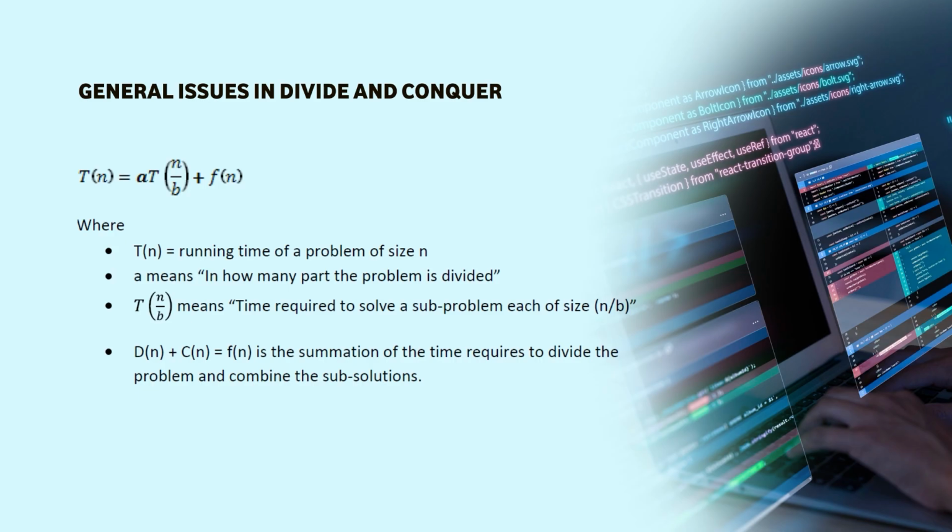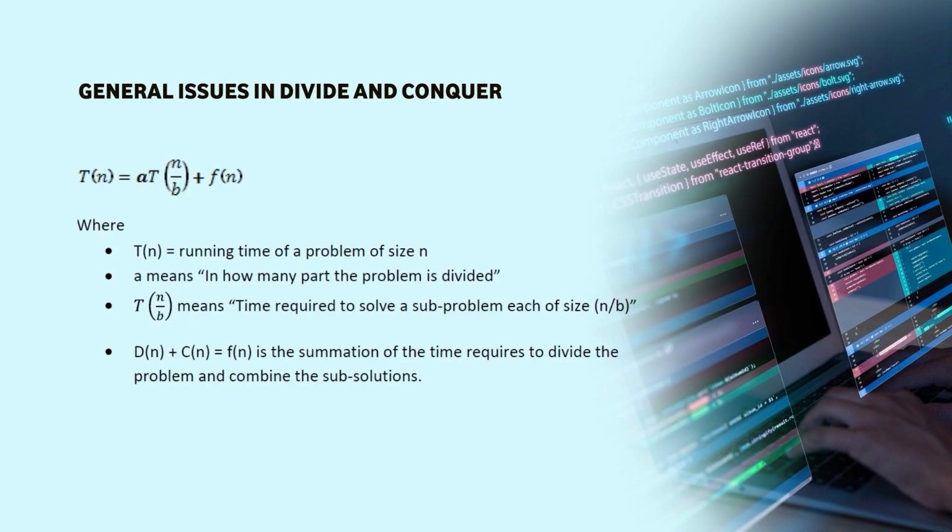T(n/b) means the time required to solve a subproblem of size n/b. And then in the end there is D(n) + C(n), which gives you f(n), the summation of the time required to divide the problem and combine the sub-solutions. So D(n) will be the divide time and C(n) will be the conquer time, meaning the combination of the subproblems.